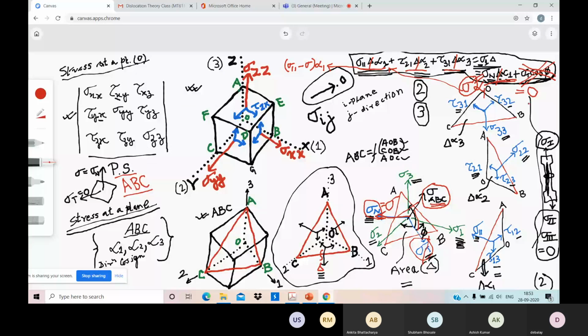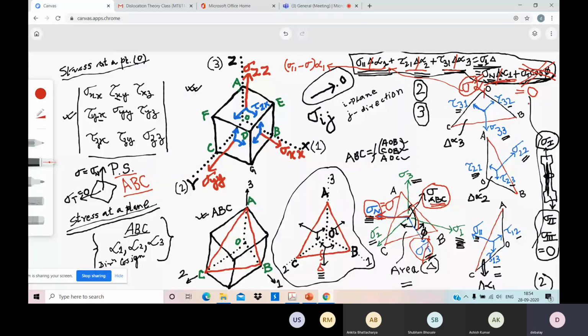My expression will be something like tau 1 2 alpha 1 plus sigma 2 2 minus sigma alpha 2 plus tau 3 2 alpha 3 equal to 0. And the final expression will be tau 1 3 alpha 1 plus tau 2 3 alpha 2 plus sigma 3 3 minus sigma alpha 3 equals 0.